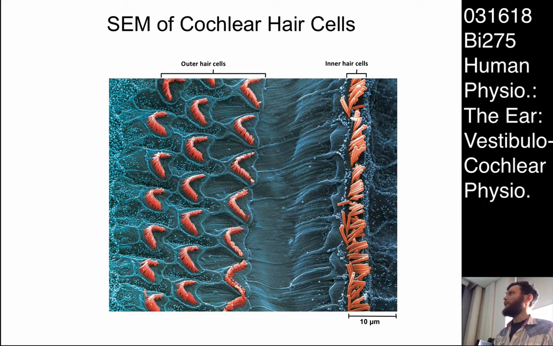The specific patterning that you see is a consequence of the physics involved here, the fluid dynamics that are required for picking up vibrations that happen in the cochlea. We'll see how this happens in a bit, but I just wanted you to see what a pair of happy, healthy cochlear hair cells looks like.